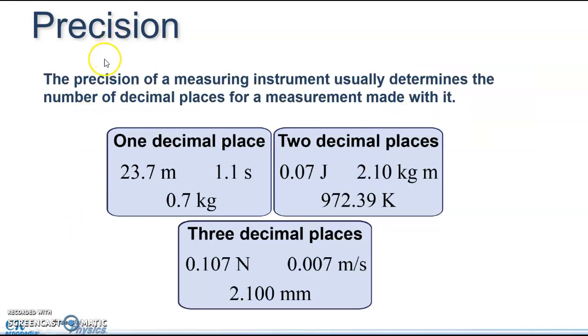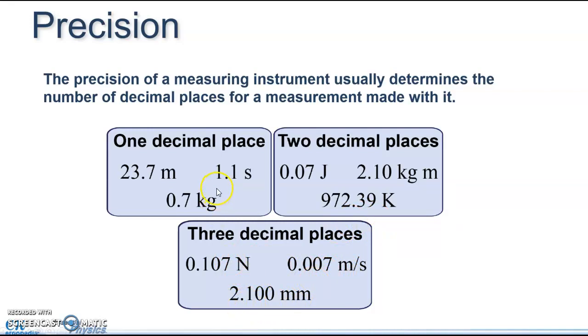Now, when you report a measurement, the precision of that measurement is going to determine how many decimal places you report that answer to. Remember, I talked about how usually the uncertainty is plus or minus 1 of whatever the last place in the number is. So if you actually go out to more decimal places, you're indicating that there's more precision in the quantity that you're measuring.